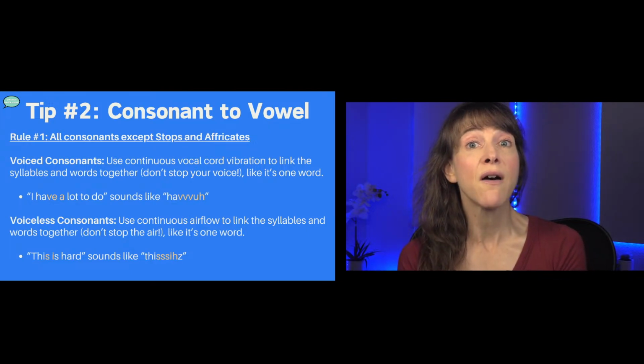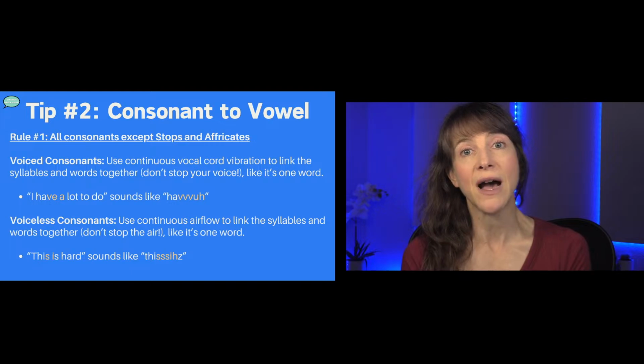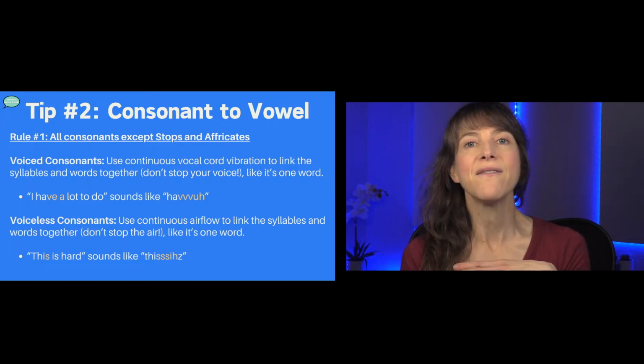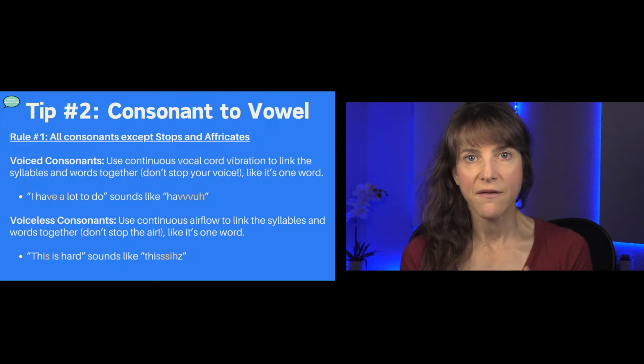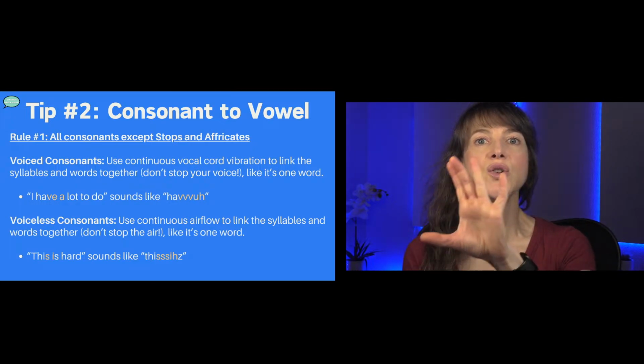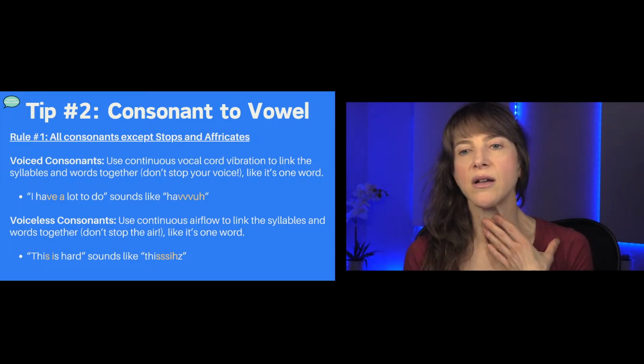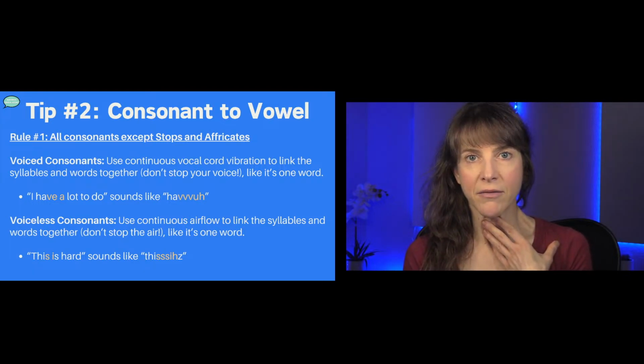It ends with the V consonant sound. So this is a consonant to vowel link. Have, v. So allow that V sound to continue over to the beginning of the next word. Have a, have a.